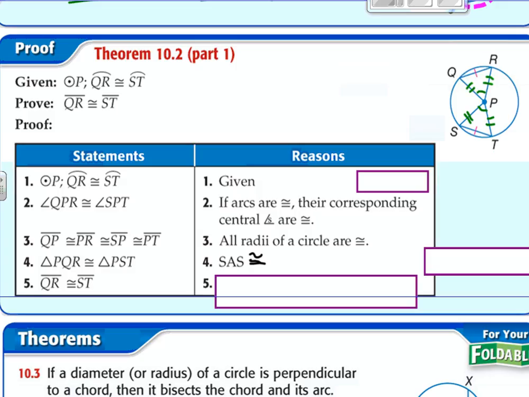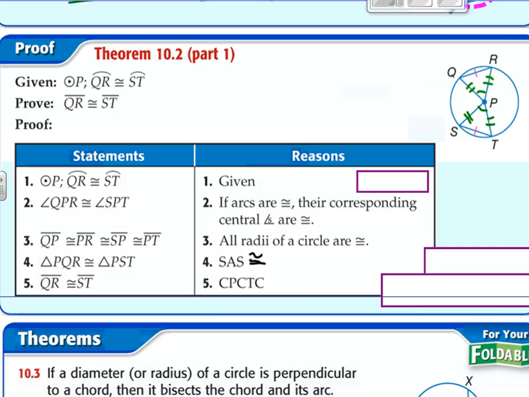Then once the triangles are congruent, step 5 tells us that segment QR is congruent to segment ST, and those are parts of these congruent triangles. We use a bunch of letters for that. Raise your hand if you know what that bunch of letters is. The bunch of letters is CPCTC.